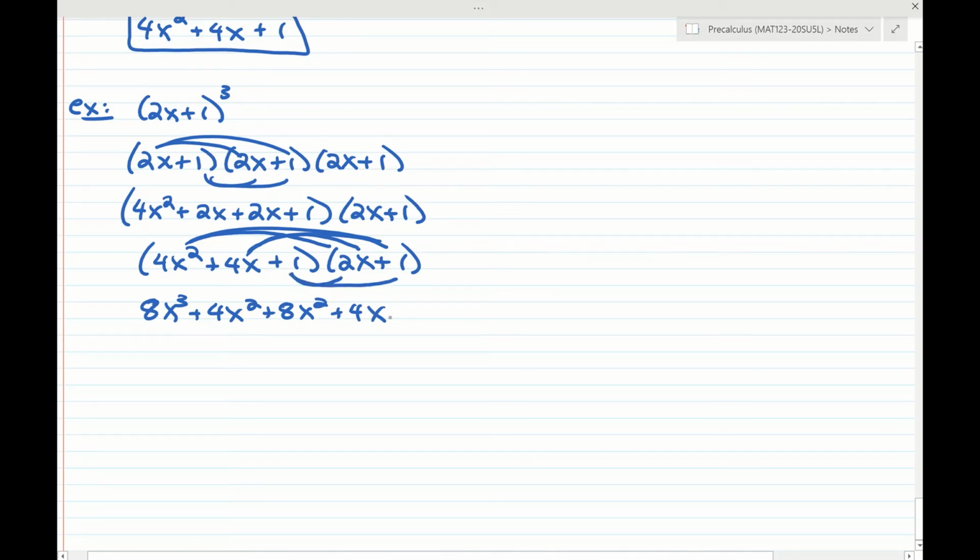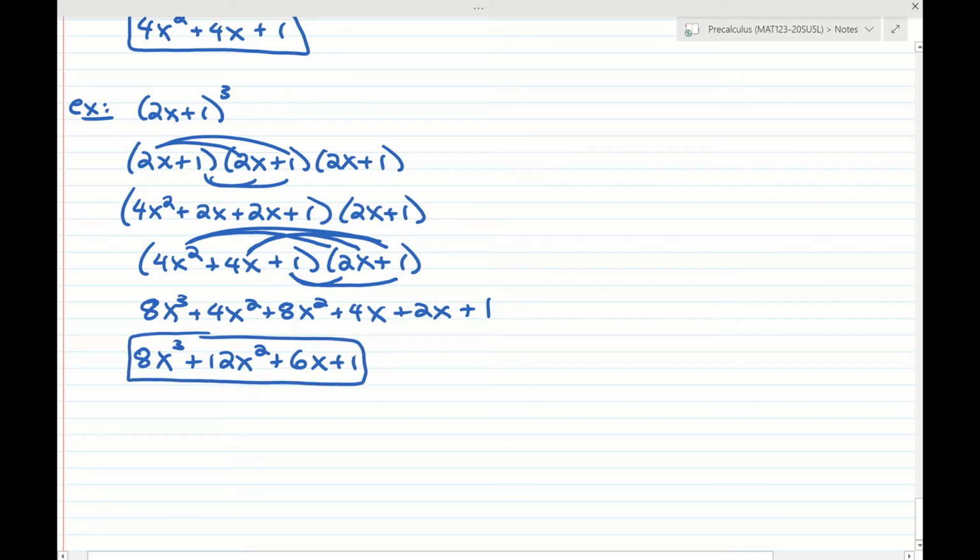So 1 times 2x is 2x. 1 times 1 is 1. So we just get 8x to the third plus 12x squared plus 6x plus 1. All right, so hopefully you followed those steps. I'll just make sure I did everything right here. Combine my like terms. Yep.